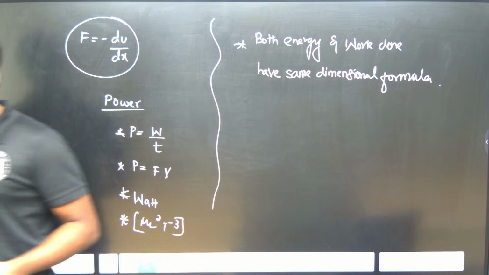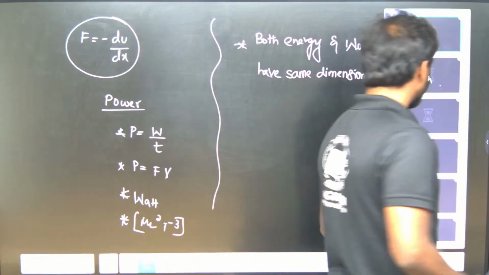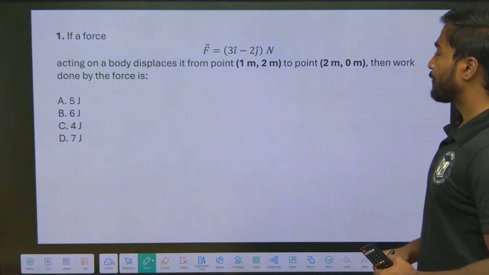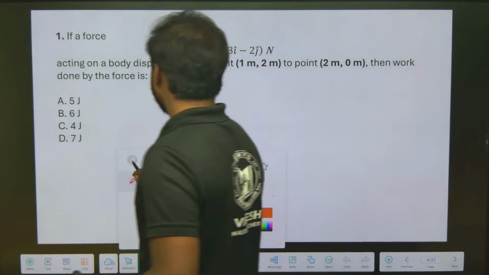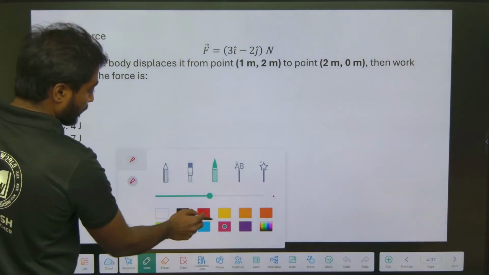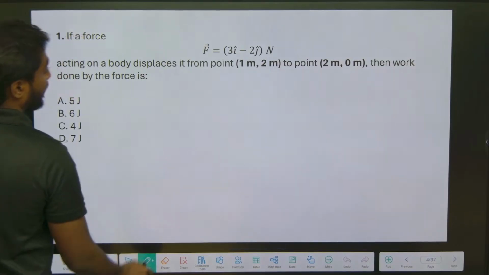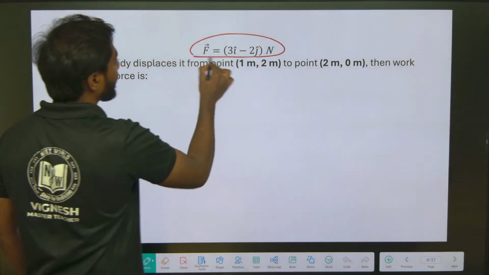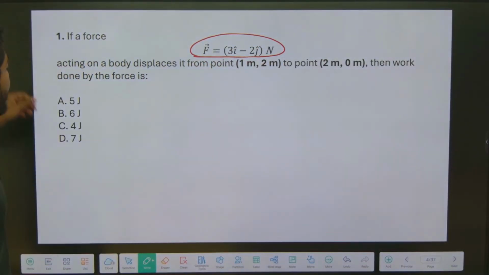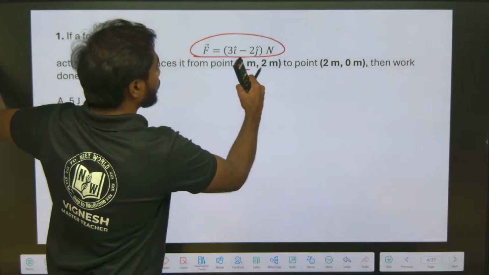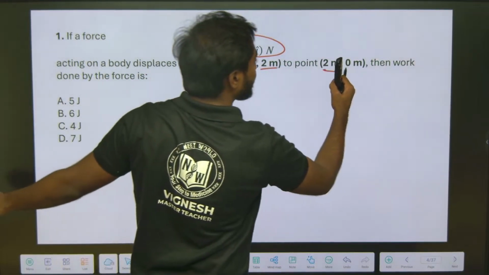Okay, so let's go for the questions now. The first question: a force F equals 3i minus 2j Newton, acting on a body, displaces it from point (1, 2) to (2, 0).